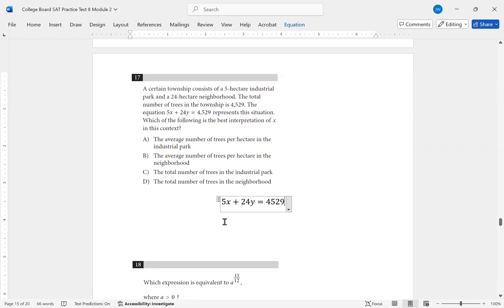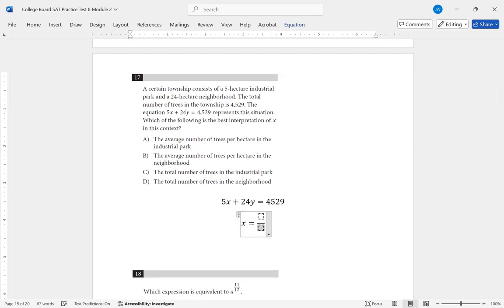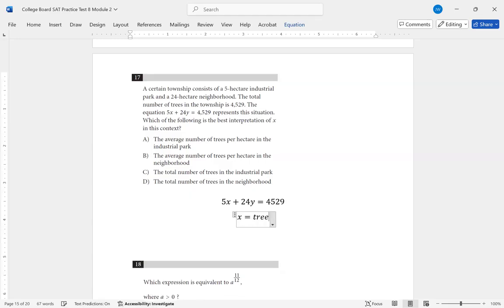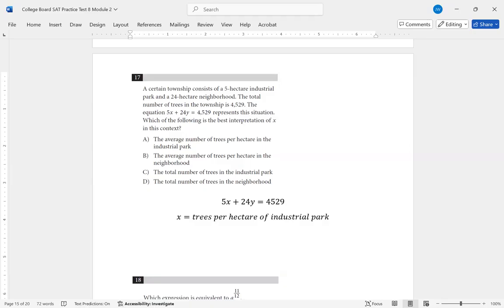And therefore, x needs to be in basically trees per hectare. And because it's in the industrial park, it's trees per hectare of industrial park. Y would be the number of trees per hectare in the neighborhood.